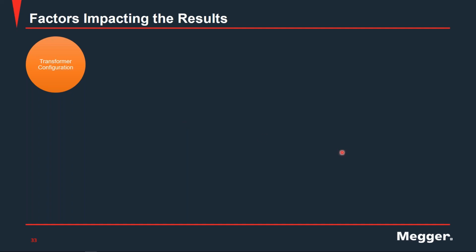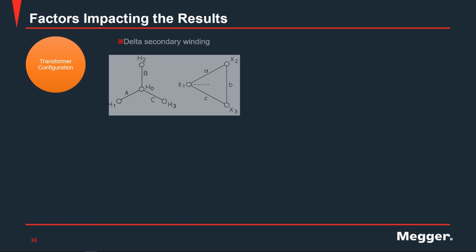Lastly, your transformer configuration will impact your turns ratio result, especially if you have a delta secondary winding and you are injecting single phase on the primary winding. When you have a delta winding, any of the unexcited phases will load down the transformer and it will impact your results.